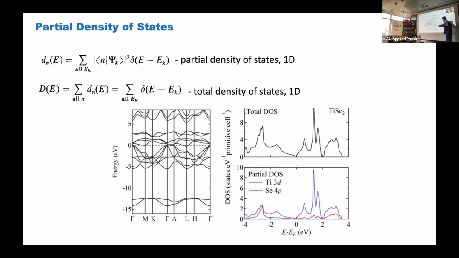And we see that titanium 3d orbitals give the biggest amount of states, here in some interval from 0 to 2. So we can say that these bands are created by titanium 3d orbitals.